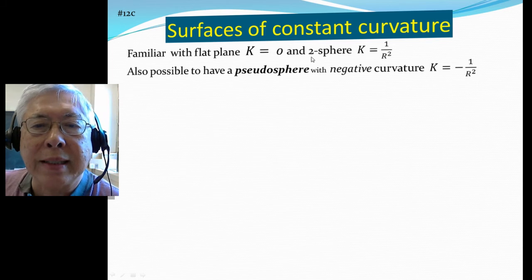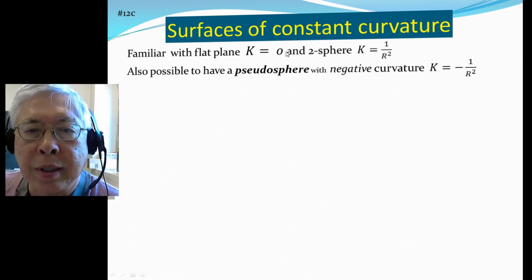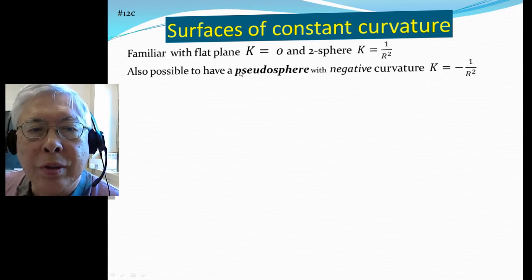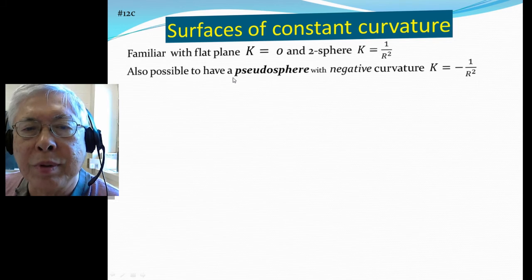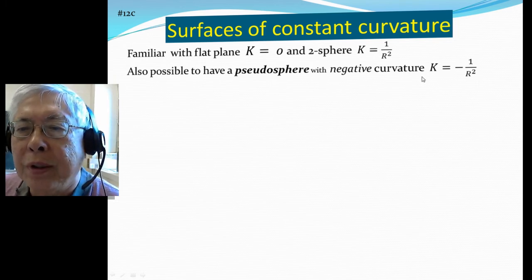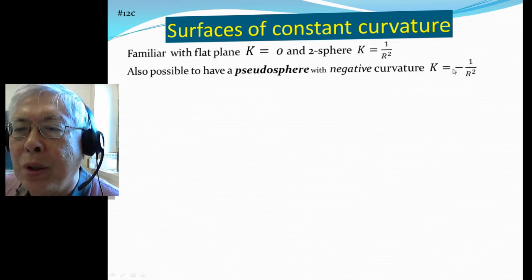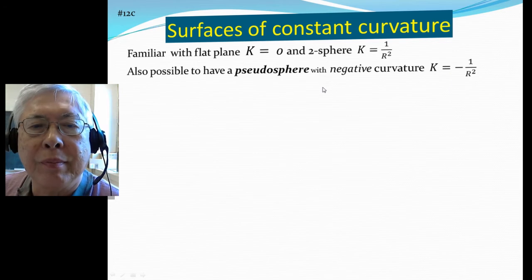Now, all these are examples of surfaces of constant curvature. K is a constant, 0 over r squared. It turns out it's also possible to have something called a pseudosphere with a negative curvature. In that case, the Gaussian curvature is equal to minus 1 over r squared.